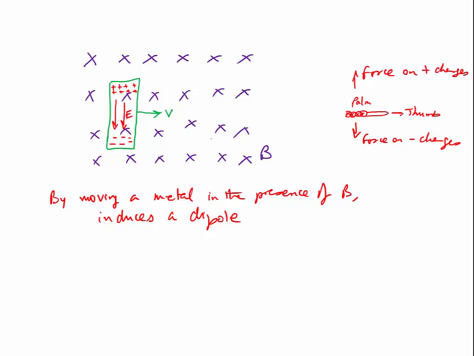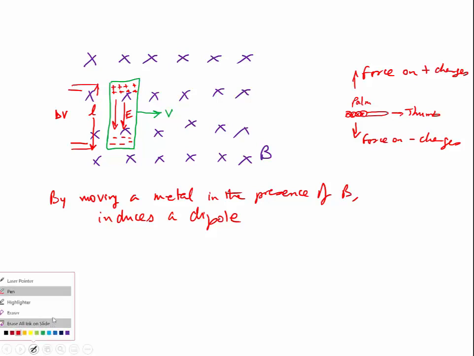So the magnetic field is pointing into the screen, and the electric field is pointing from top to bottom in this case. And that also creates a potential difference across these two ends, which is simply the electric field times the distance. So let's call the length of this L. So the potential difference across the two ends of this metal will be E times L.